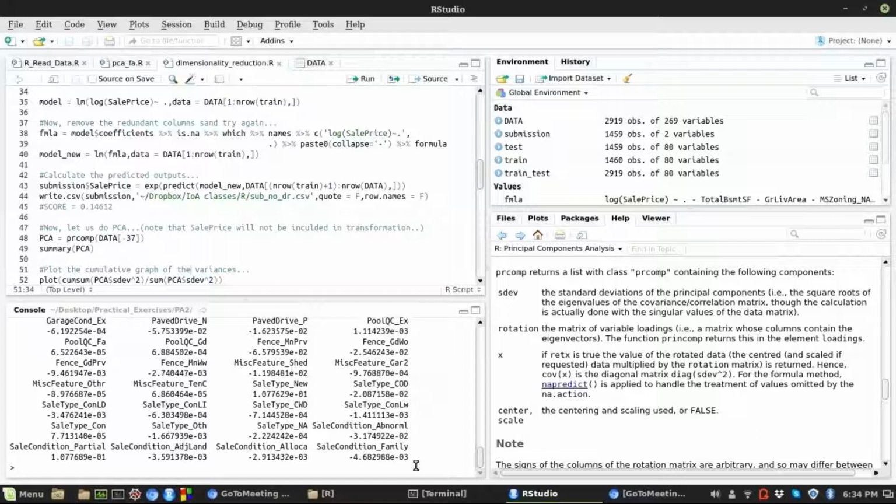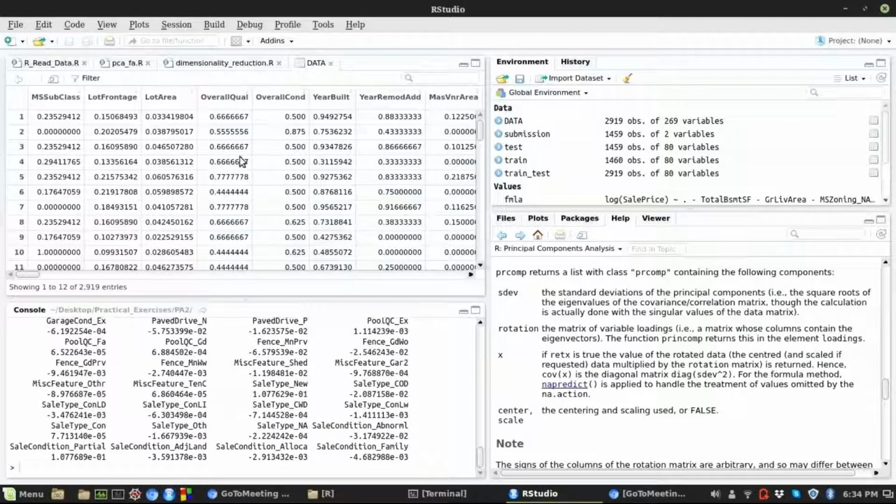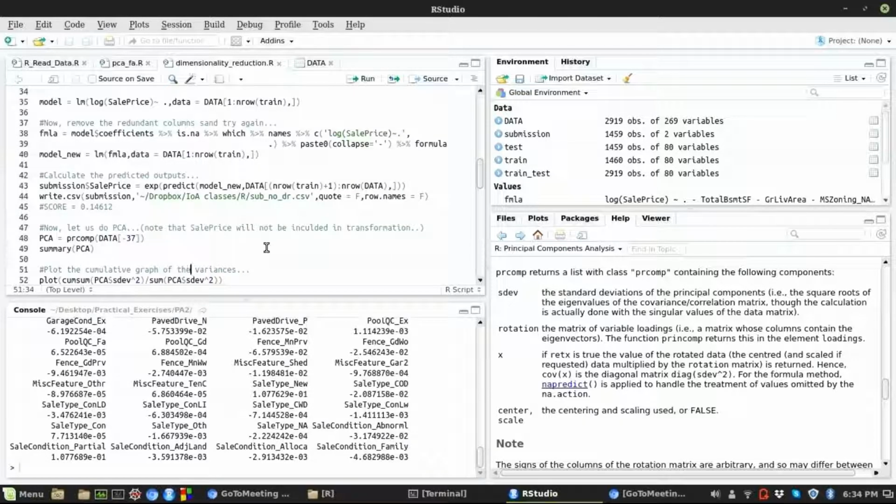We can actually find out which variables are contributing most to PC1, and they are most likely going to be the variables which convey most information about the outcome also, because they are the variables having most variance. They change a lot from one instance to the other, from one record to the other. Whereas those variables which are like a constant throughout are not going to convey much information.